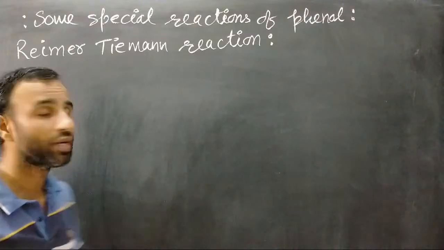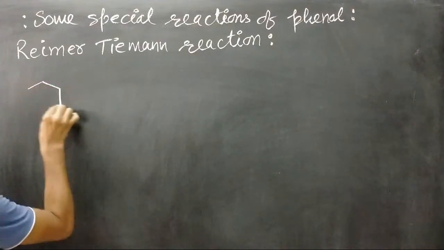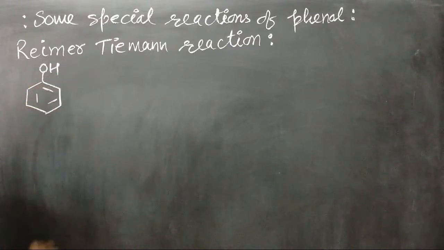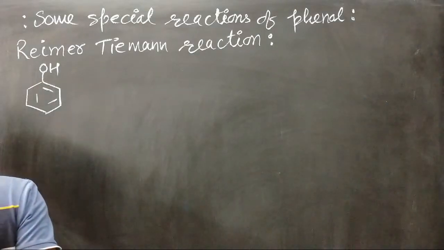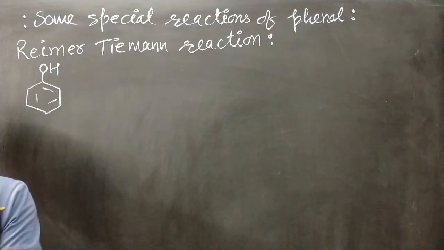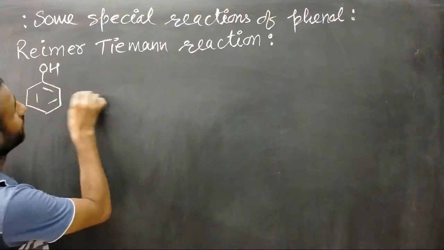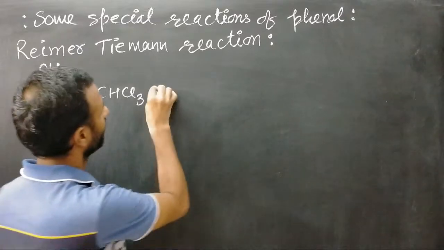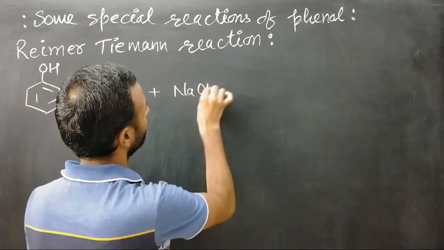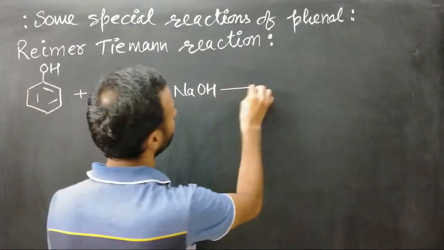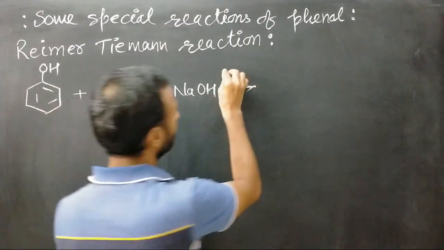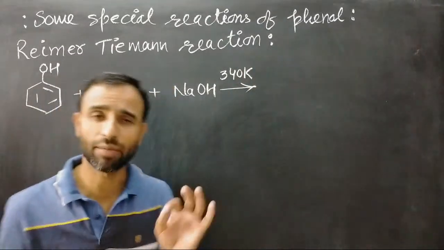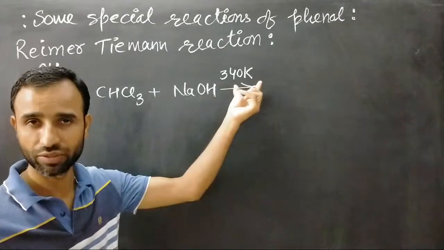Okay, so in the Reimer-Tiemann reaction, phenol is heated with, wait, I will keep it on silent mode. Phenol is treated with chloroform and NaOH. So on heating at 340 Kelvin, if you don't want to write the temperature, it's okay, just write heat.